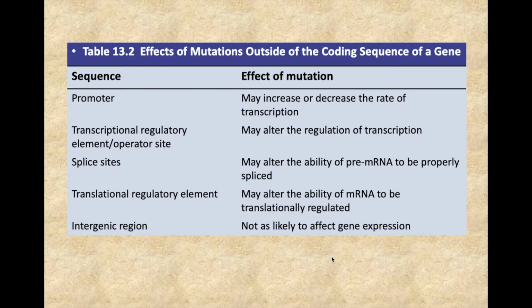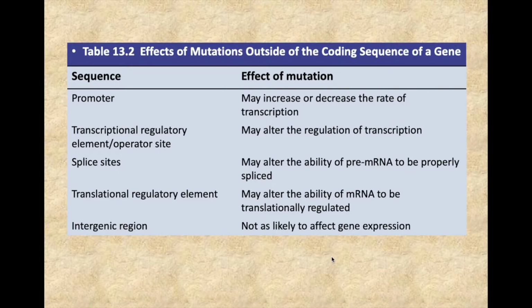But an operator is another regulatory binding site close to the promoter that impacts overall transcription rates again. Sometimes those rates go all the way down to zero, and other times they go to full speed or someplace in between. We can get a mutation at splice sites. If you remember, one of the differences between prokaryotic and eukaryotic transcription is that eukaryotic transcripts need to be spliced generally.